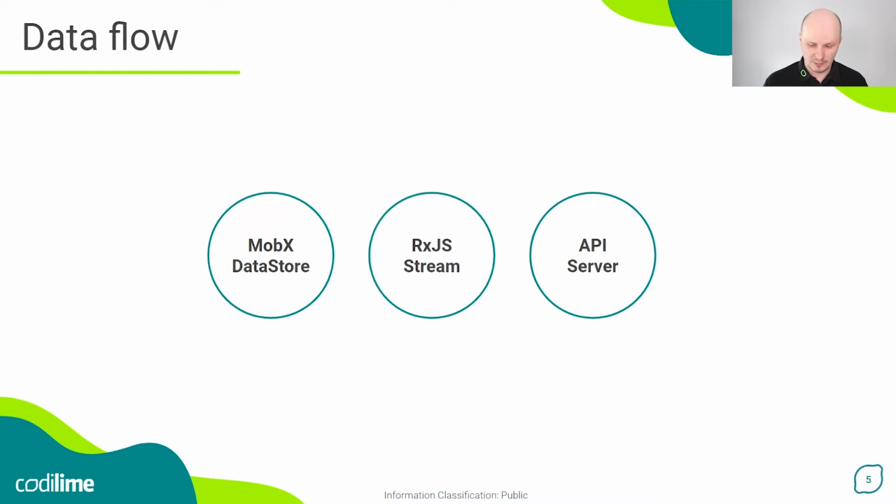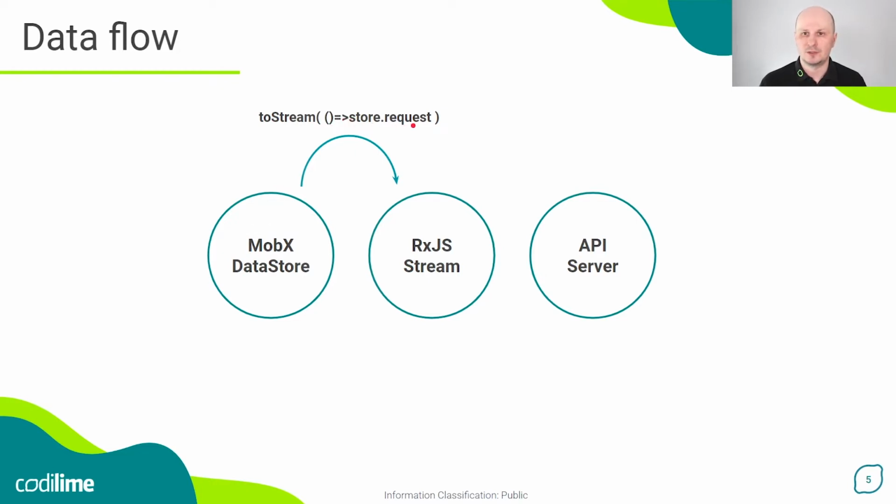Alright, so let me show you how I want to achieve data fetching using RxJS. I have a Mobix data store, an RxJS stream, and an API server. First, I will use the toStream utility function from the Mobix utils library, which converts a Mobix reaction to an RxJS stream.